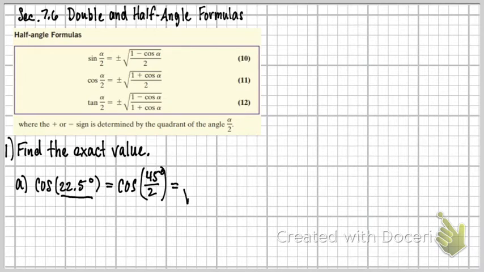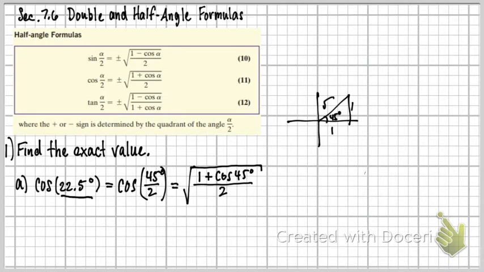So I'm going to end up with the square root, and then I'm going to do 1 plus cosine of 45 degrees, all over 2. There it is. Now what is the cosine of 45 degrees? We may have to draw the triangle out. 45 degrees is here, which means 1, 1, square root of 2.